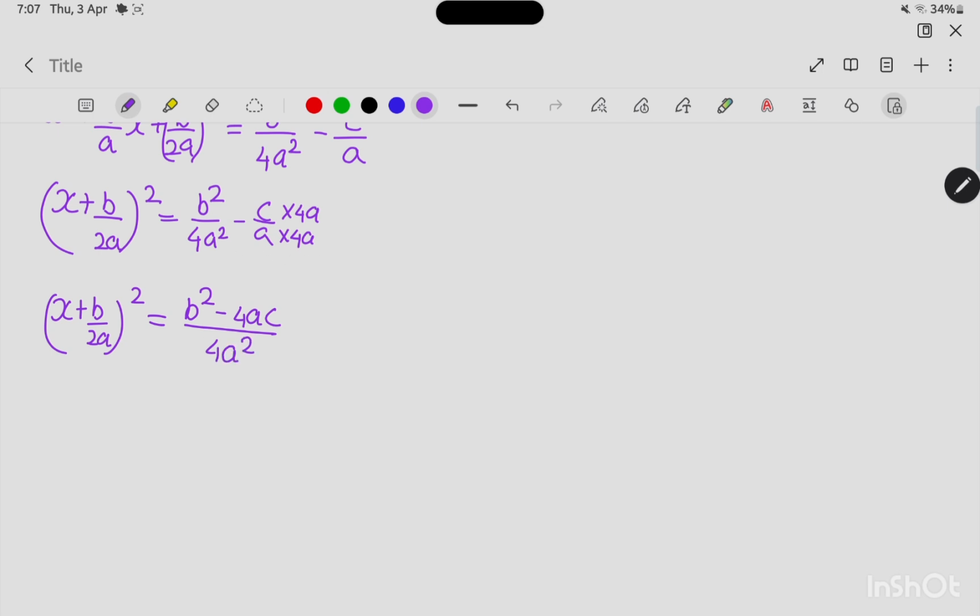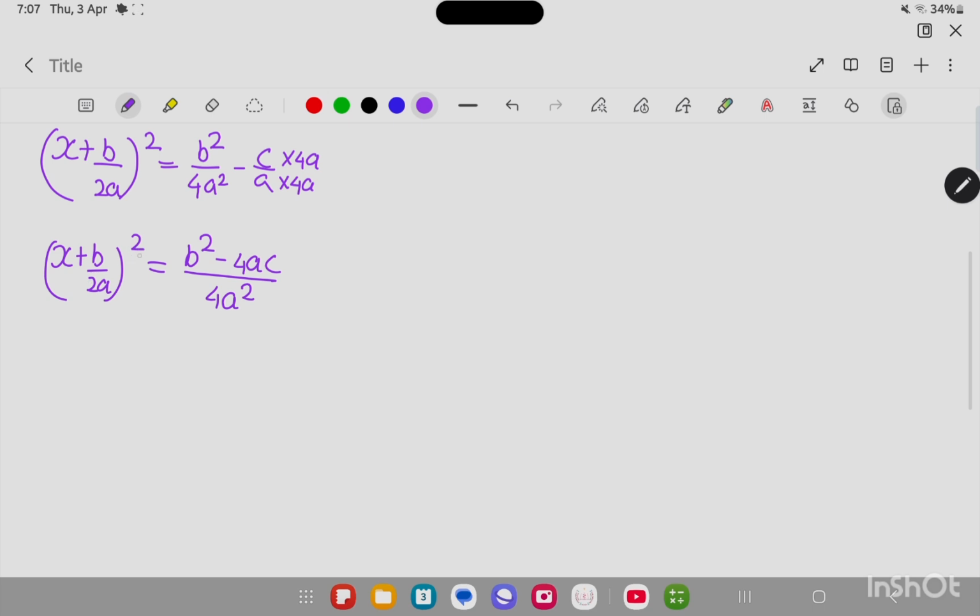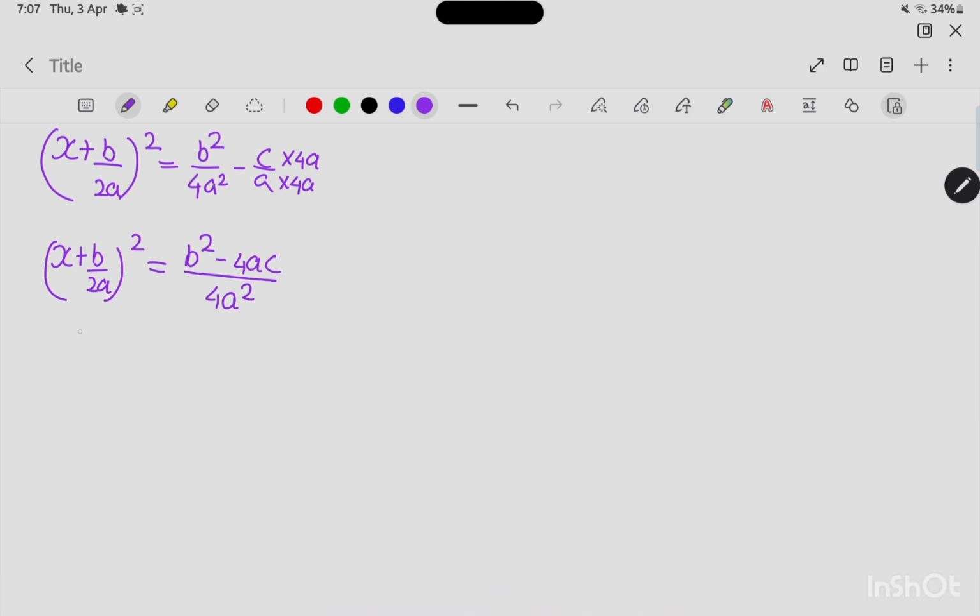Check. Now I'm going to take the square root of this, and I'll get x plus b by 2a equal to plus or minus. It can be both plus and minus. So you need to check plus or minus root b square minus 4ac divided by 2a.